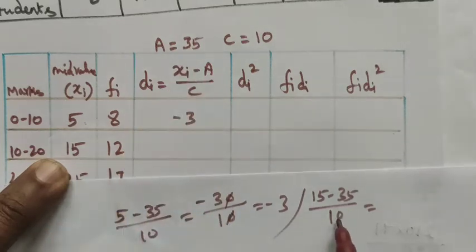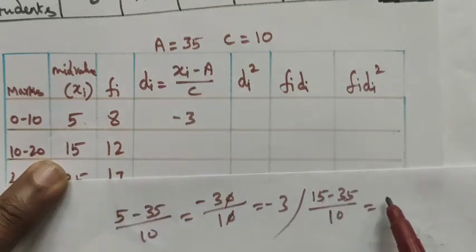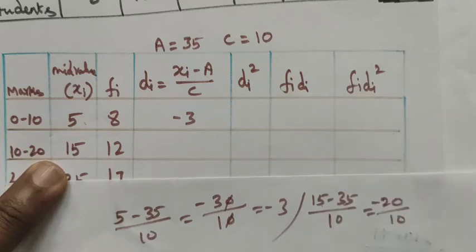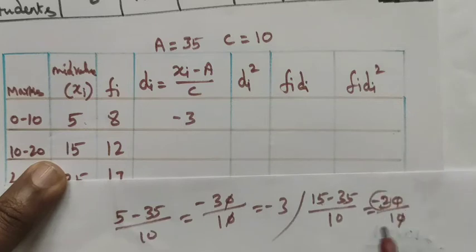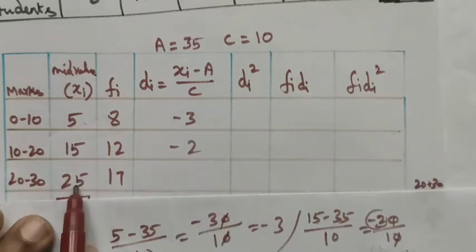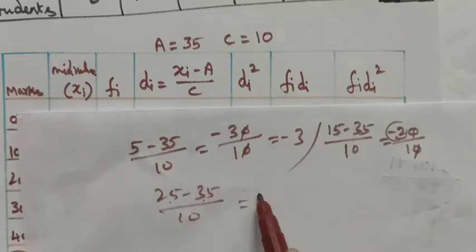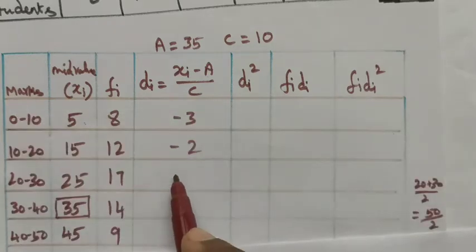So 15 minus 35 divided by 10, when you subtract we get minus 20, 20 divided by 10, we get minus 2 as the value. Next, 25 minus 35 divided by 10 is equal to minus 10 divided by 10, so we get minus 1 as the value.